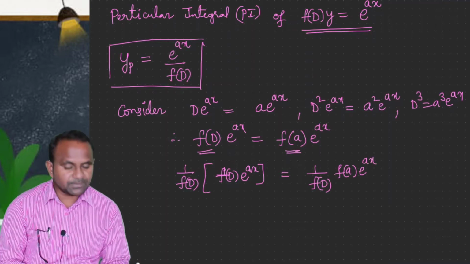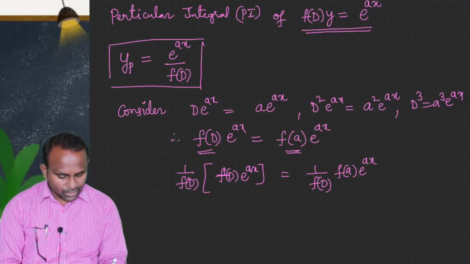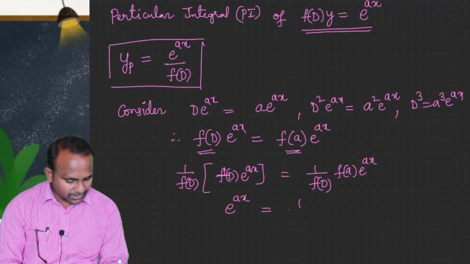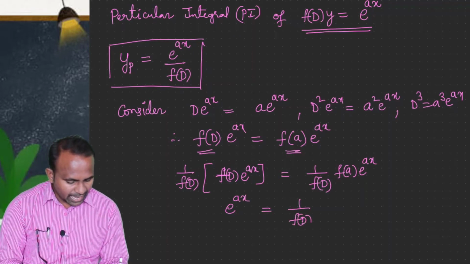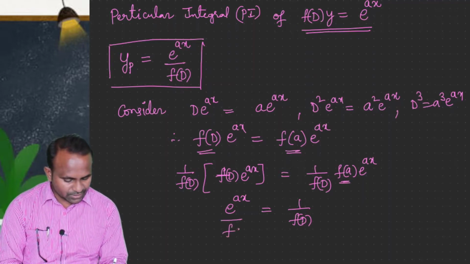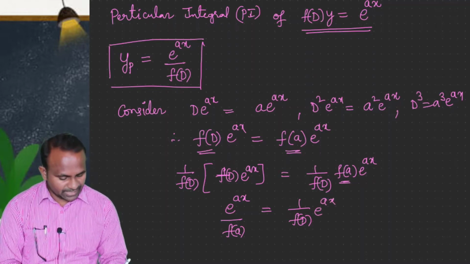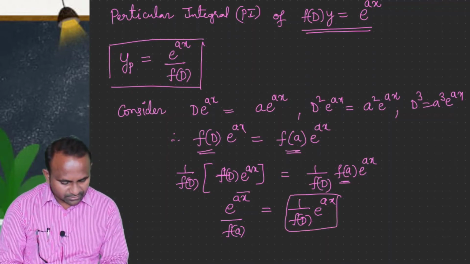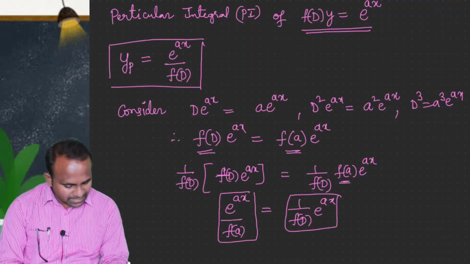I have just multiplied with 1 by f of D. Here it cancels, leaving e power ax, and this is 1 over f of D, and f of a is a constant, which can also be taken on the left side, which gives 1 over f of a e power ax. Hope you can understand that. You are interested in finding this particular integral, and that means you are simply substituting a in place of D.